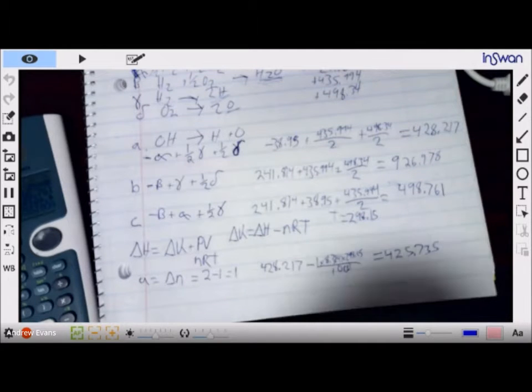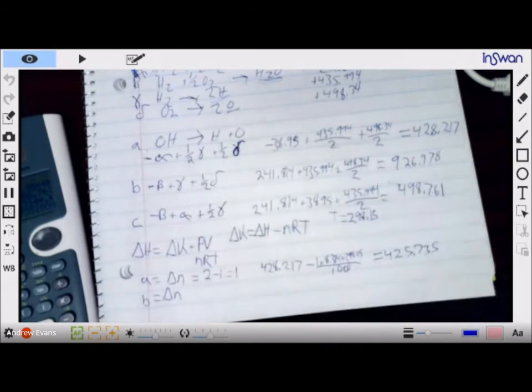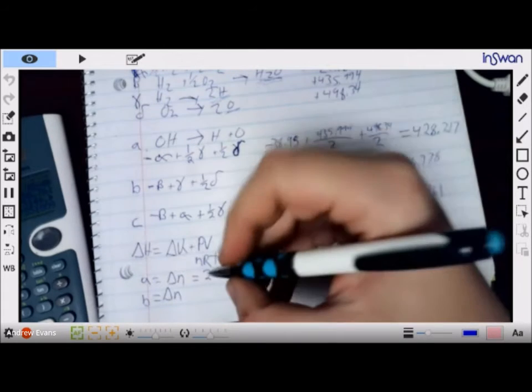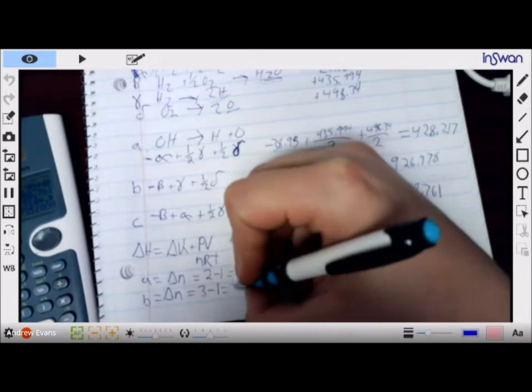Now B, what is our delta n? Our delta n for B is, we go from 1 mole of gas to 3 moles of gas. 3 minus 1 is 2.